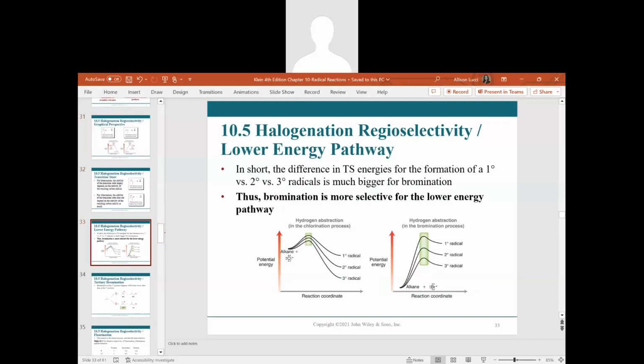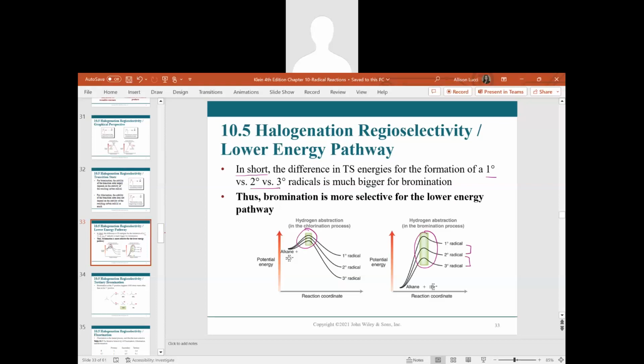And this slide here is much more important to review. We're told in short here that the difference in transition state energies for the formation of a primary, secondary, or tertiary radical is much larger for bromination than it is for chlorination. So see those small differences in energies at the transition state versus these large differences here.